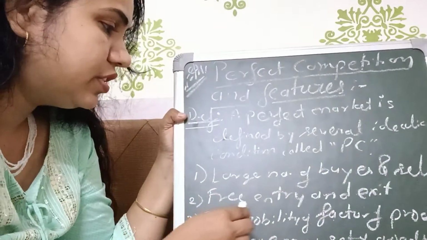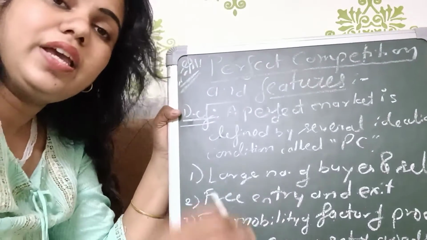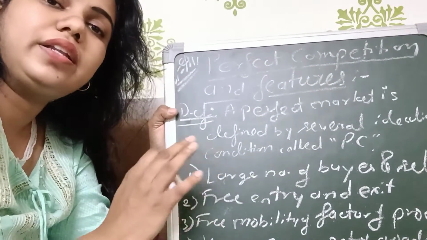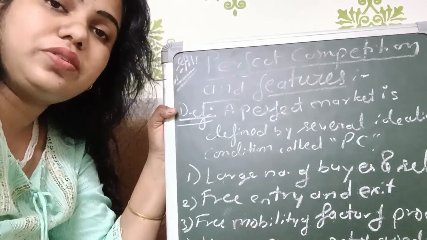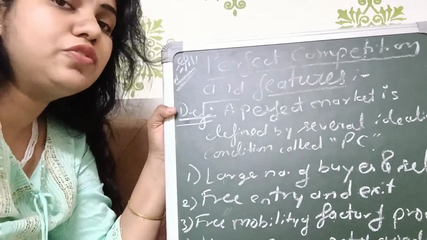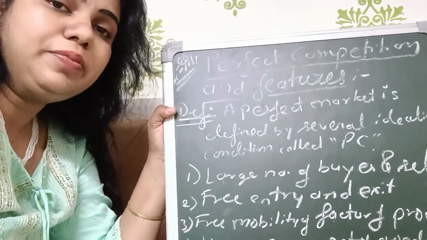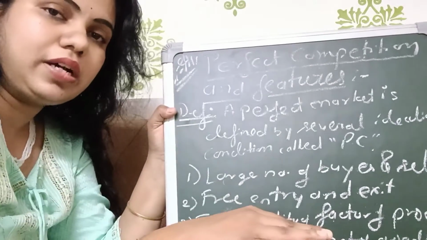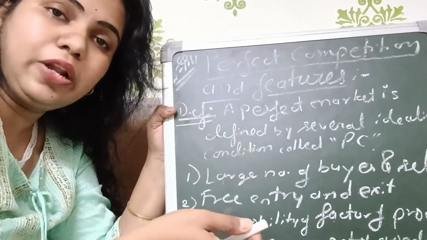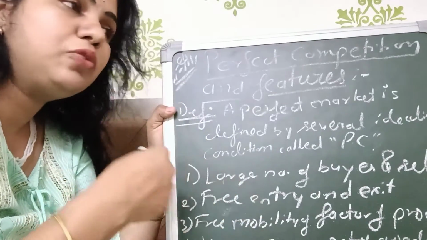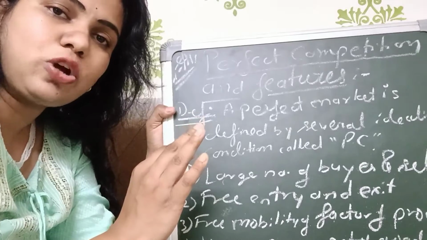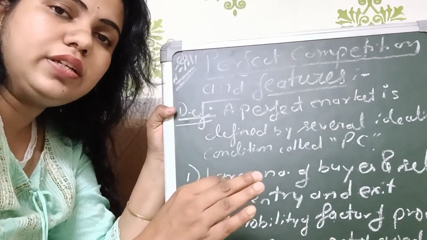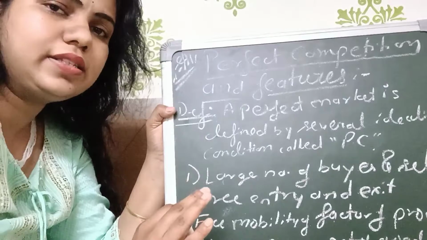The second feature is free entry and exit. In this perfect competition market, there are no fees, no restrictions, no conditions. If tomorrow I want to get into that market, start my own salon, my own business, my own book shop, I can easily take a shop, do all the legal things, and directly start selling my product.